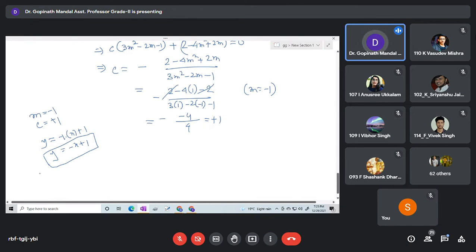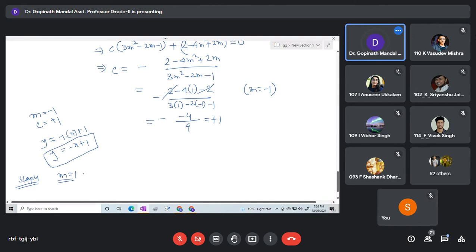Now for the repeated roots, step 4. For repeated roots, m equal to 1 is the repeated root.